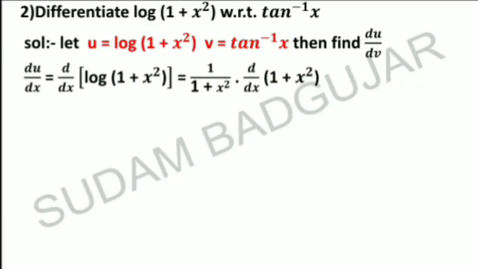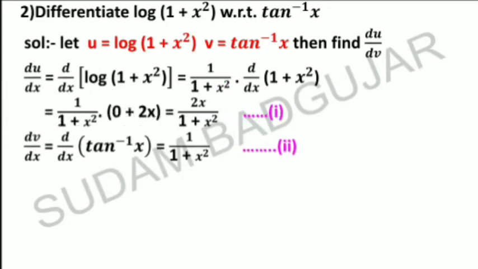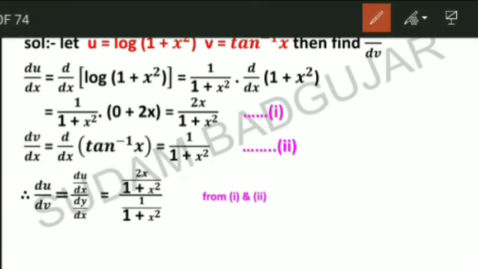Then differentiating on both sides with respect to x, du by dx equals the derivative of log, and dv by dx you can find out separately. That is 1 upon 1 plus x square into the derivative of 1 plus x square, that is nothing but 2x upon 1 plus x square, that is equation number 2, and dv by dx is equal to 1 upon 1 plus x square. So we have the formula du by dv is equal to du by dx upon dv by dx.